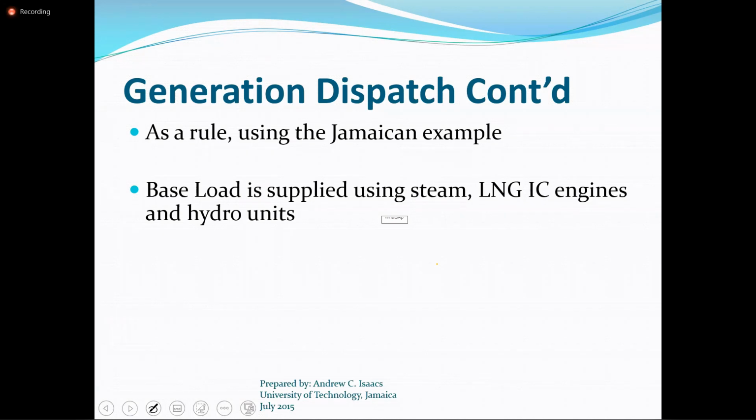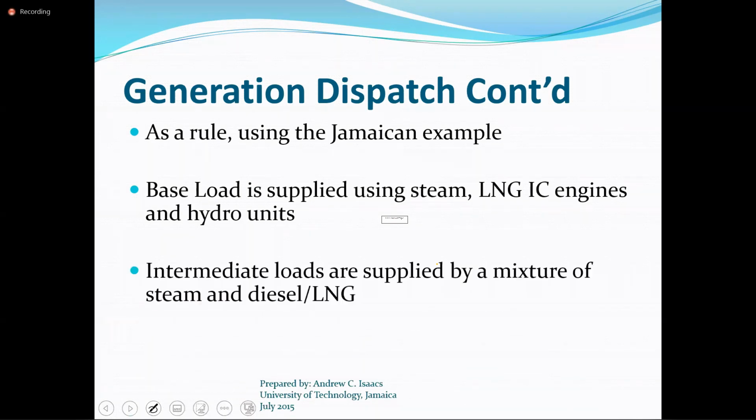The run of the river, however, is that you're just backing up the water and allowing it to flow steadily and drive the generator. So in our case, we use hydro as part of our base load. Whatever the output of our hydro, the utility will take it.